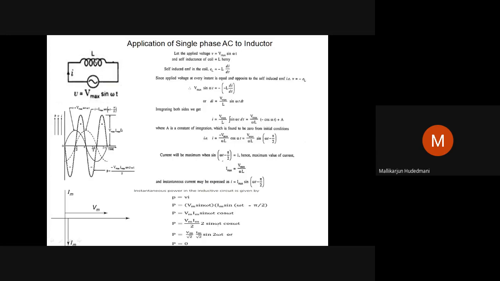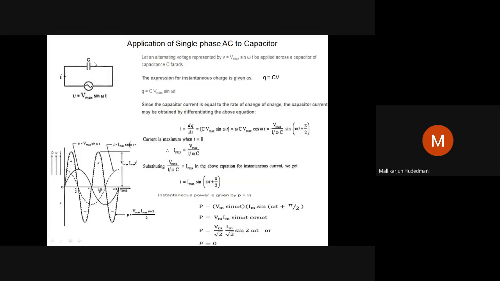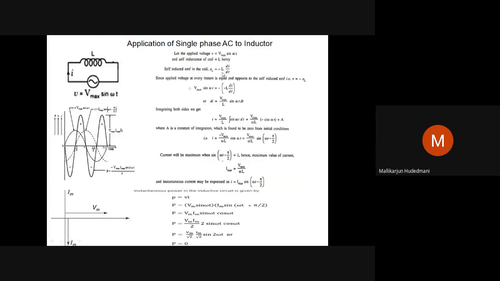Basically, I want to come to Faraday's laws of electromagnetic induction by the self mechanism. There will be induction of EMF in the conductor by the self mechanism, given as EL, the induced EMF in the inductor, equal to minus L di by dt. L is the inductance in Henry, minus L di by dt volts.